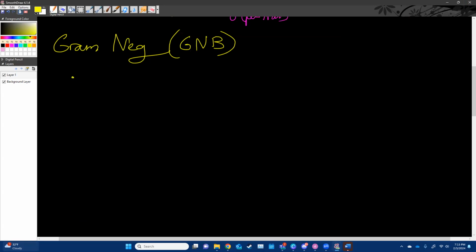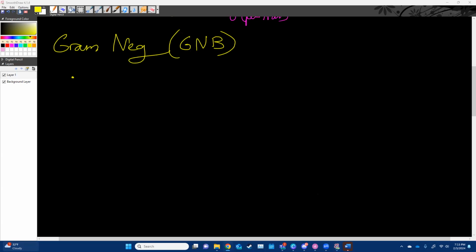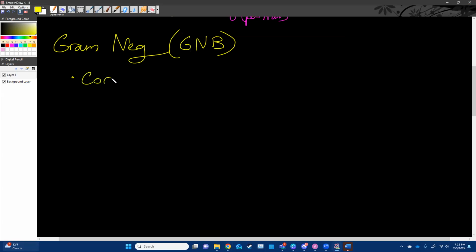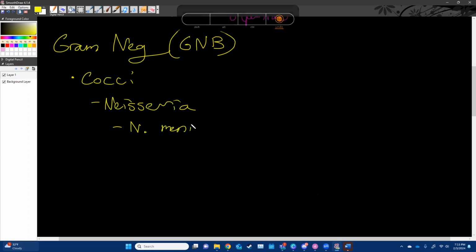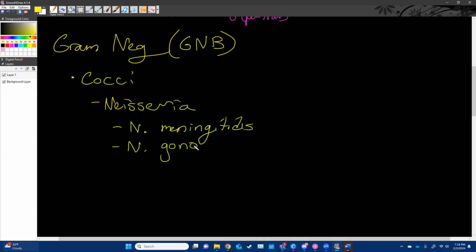Just like the gram positives, we are going to divide them into rods and cocci. For our cocci, we have Neisseria, which is things like Neisseria meningitidis and Neisseria gonorrhoeae, however it's spelled.